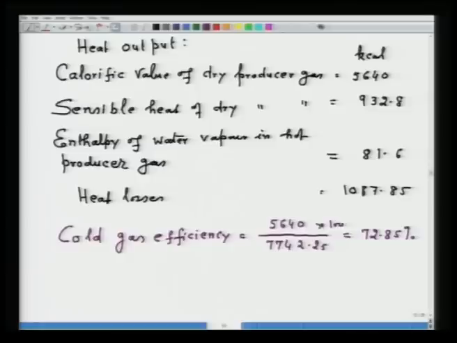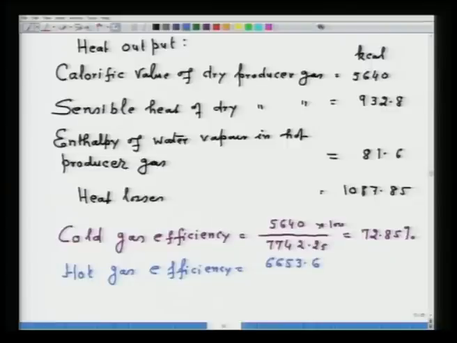Now, the next efficiency that we have to calculate is the hot gas efficiency. That will be equal to 6653.6.